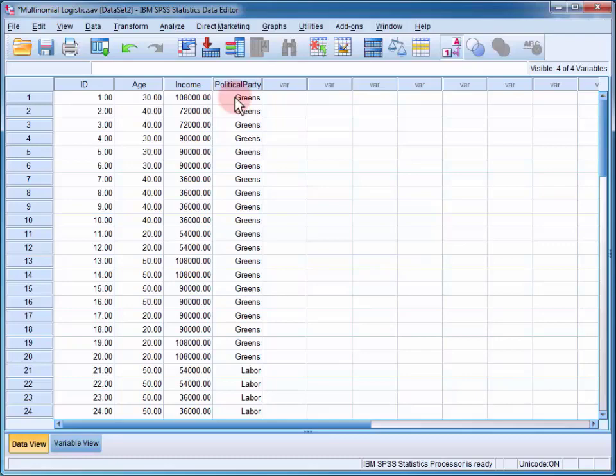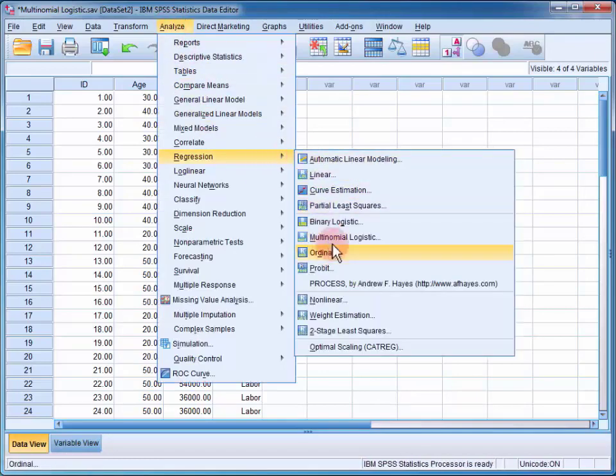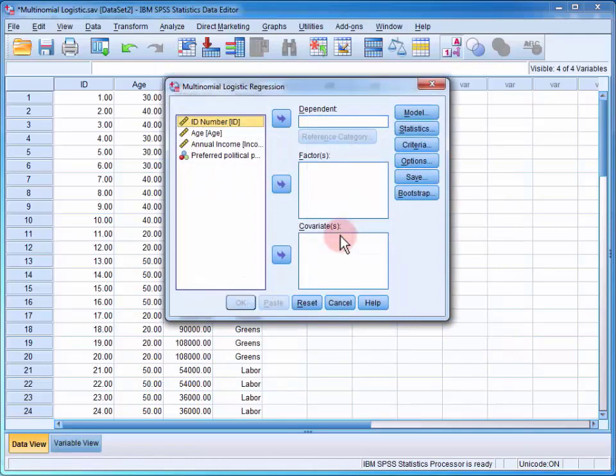To conduct the multinomial logistic regression, we go to Analyze, Regression, and Multinomial Logistic. First, we move the dependent variable, preferred political party, into the dependent field. Then we move all of our predictors, age and annual income, into the covariates field.